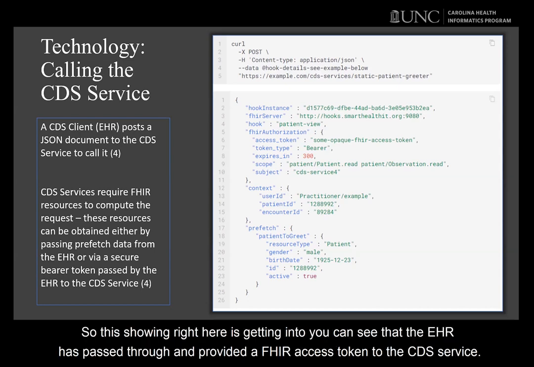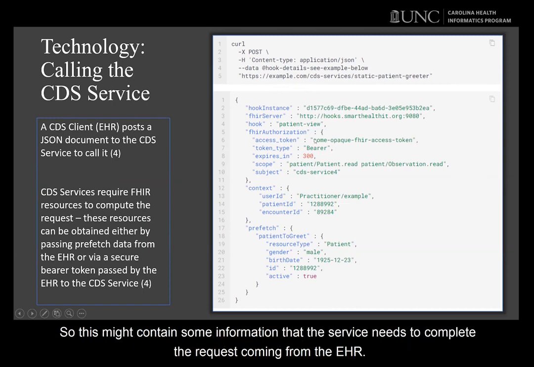You can see here that the EHR has passed through and provided a FHIR access token to the CDS service. This might contain some information that the service needs to complete the request coming from the EHR.